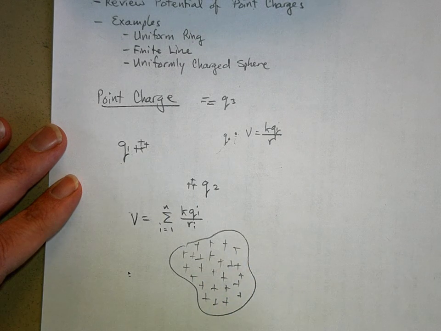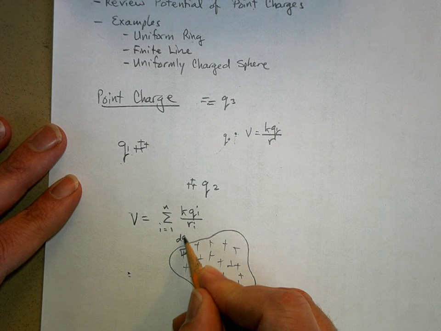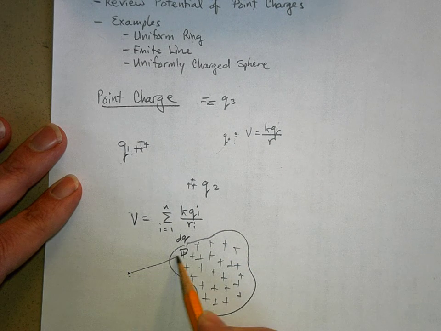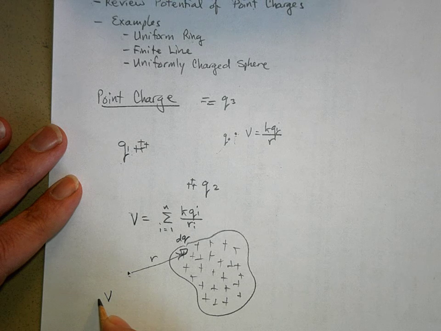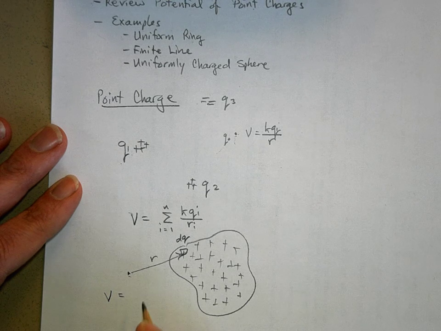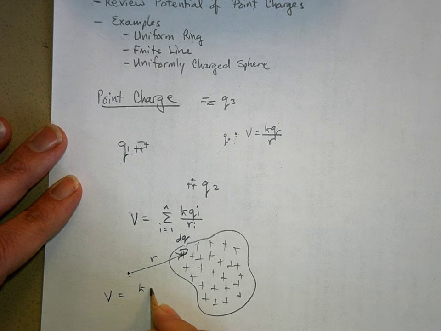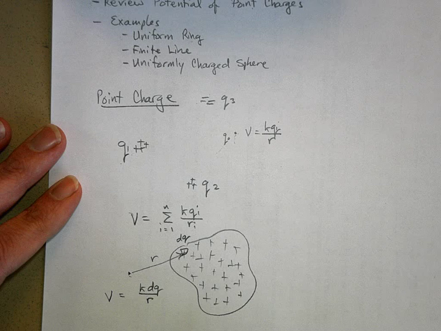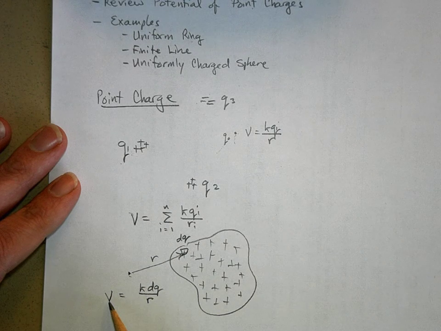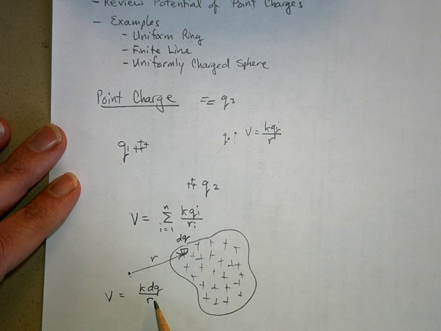And so what we do is we pick a little chunk of it, and we're going to call that dq, and dq has its own distance from my test charge, r. And I say, well, a little tiny bit of the voltage is going to be k dq over r, and of course this would be dV, a little tiny bit of voltage due to this little tiny bit of charge.